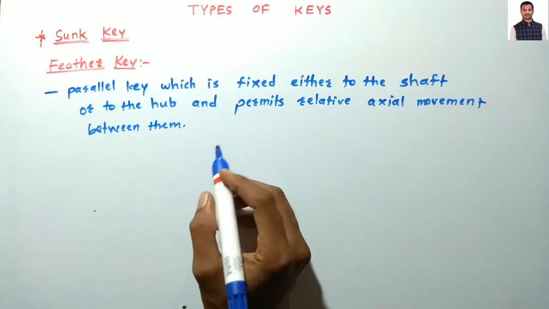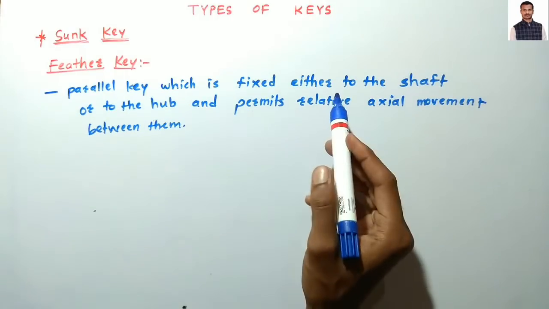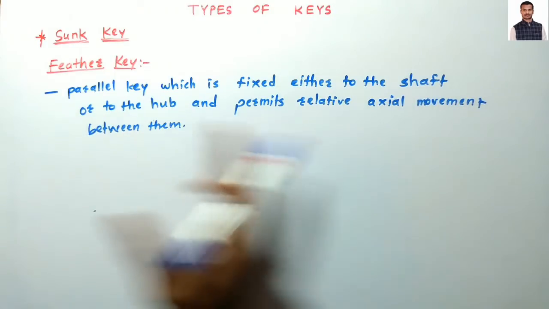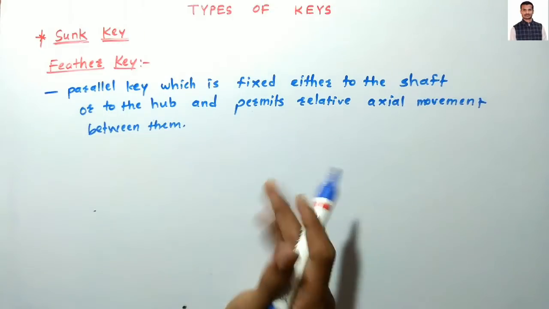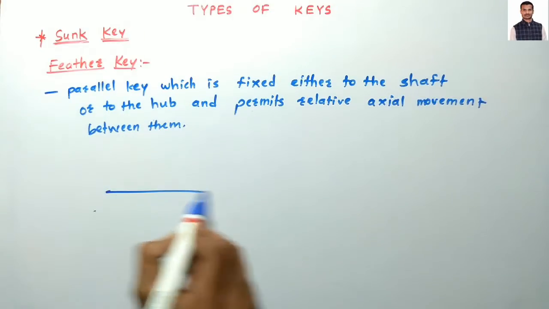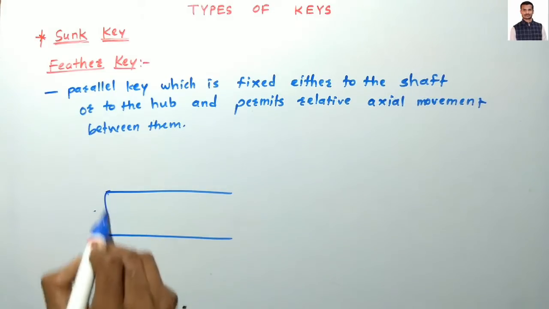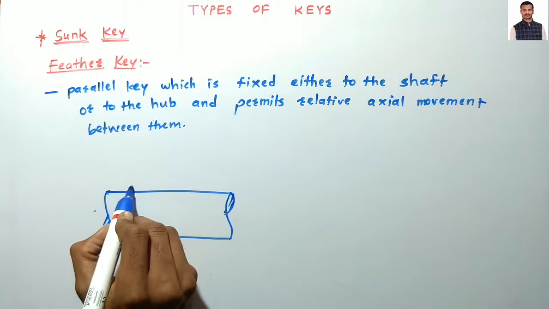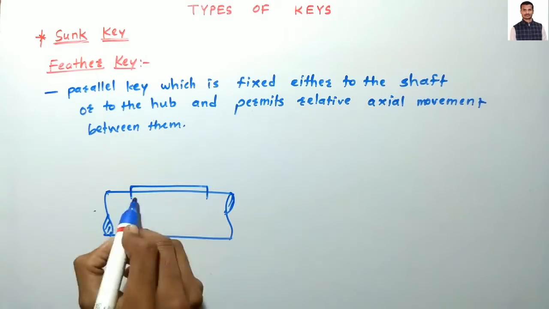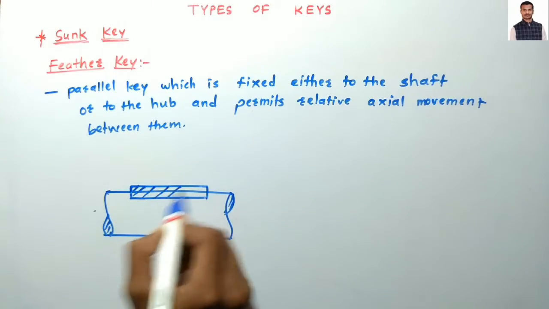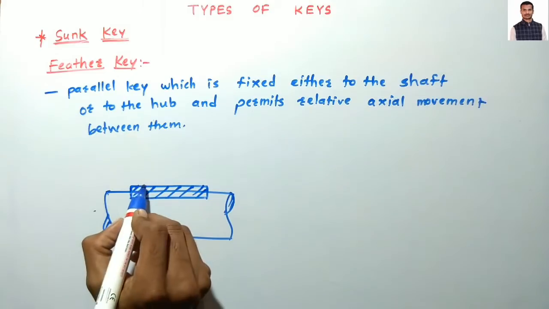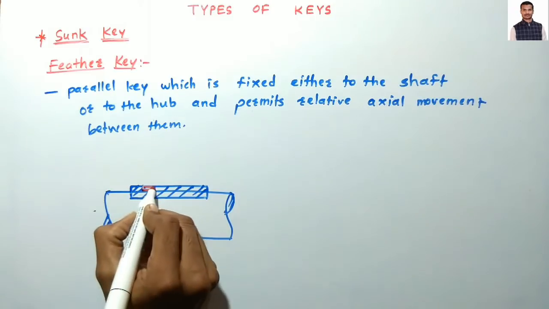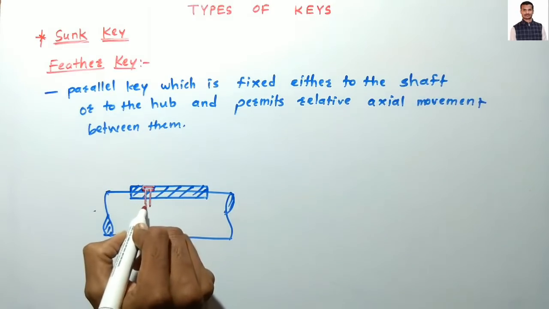So what is feather key? Feather key is a parallel key which is fixed either to the shaft or to the hub and permits relative axial movement between them. So if this is a shaft and this is the feather key, it is fitted to the shaft by using these tap screws.